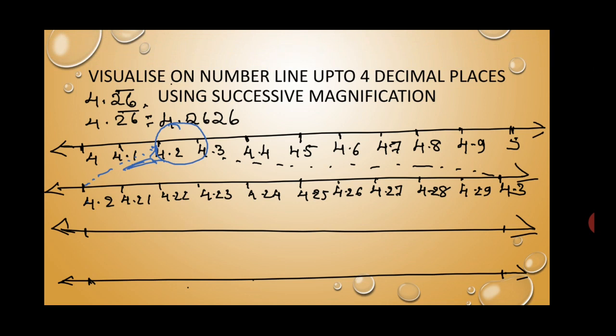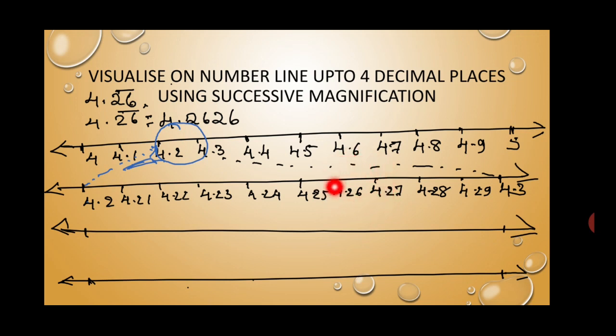Now again look into the number. It is 4.2 something, 4.26 something. 4.26 something should lie in between what? It is more than 4.26 and less than 4.27.